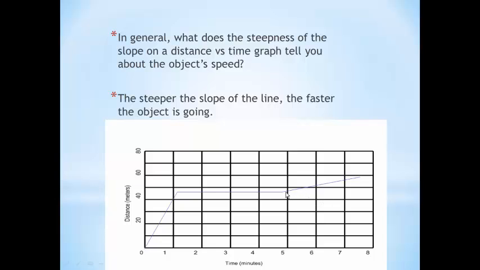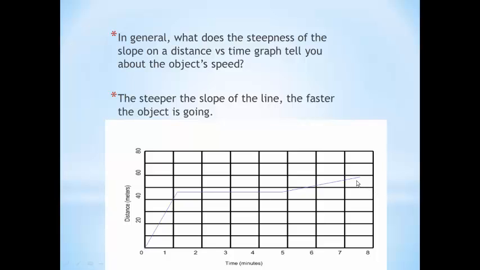Now here, let's figure out what kind of slope we have. Well, we have a more shallow slope, or a less steep slope here, which means that this object is traveling at a slower speed than here. Because look here, from 5 till almost 8 minutes, maybe 2.5 minutes, it only travels about 15 meters.